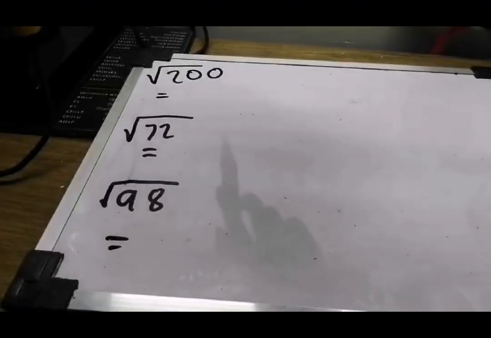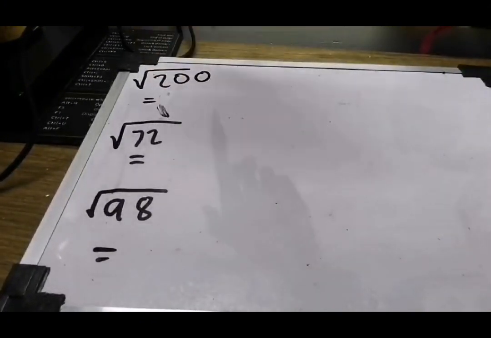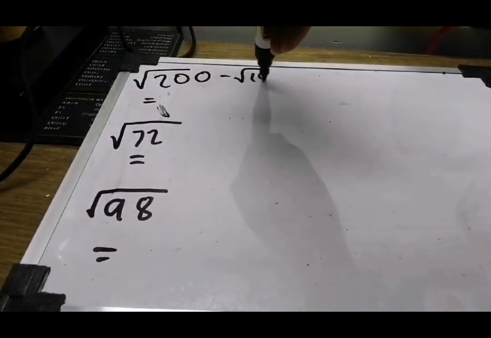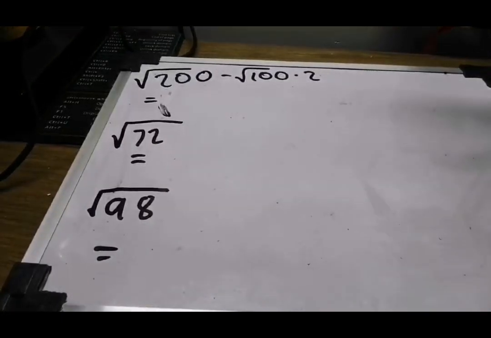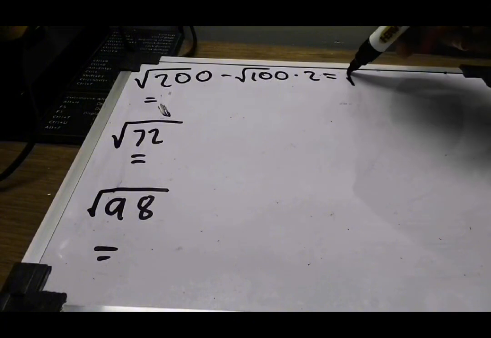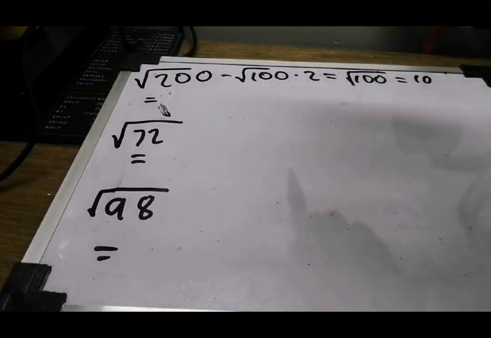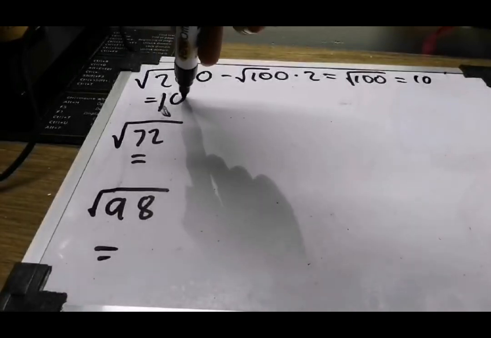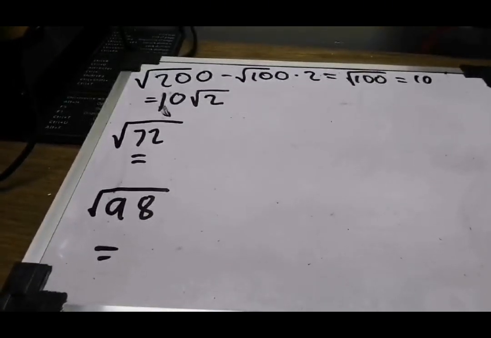So let's head off to the square root of 200. The factors are 100 times 2. And then the square root of 100 is 10. So we bring that down, we have 10 square root of 2.